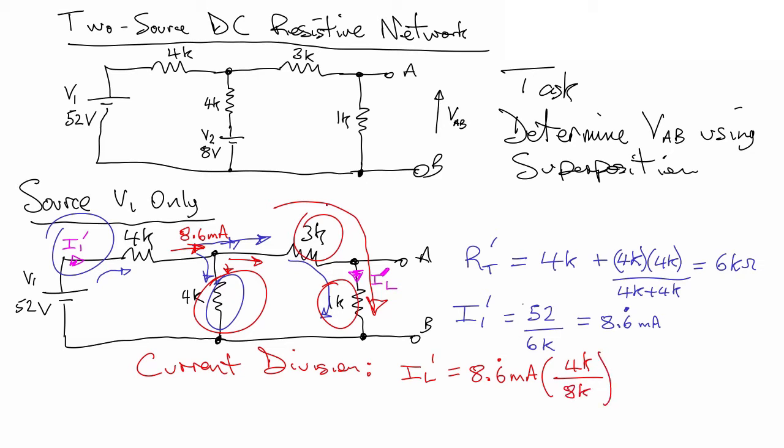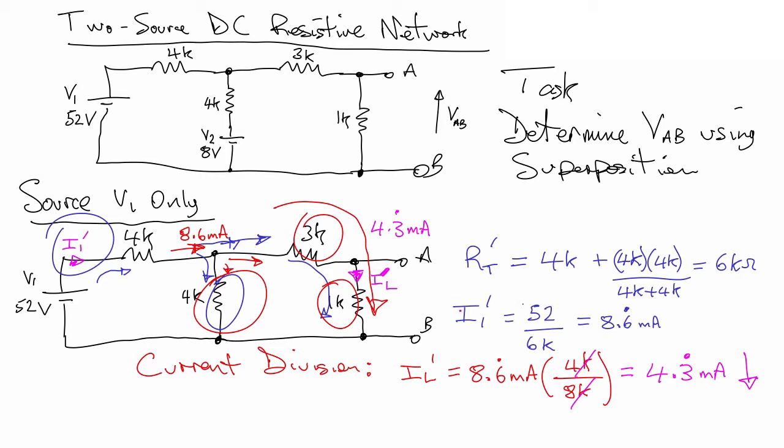Okay, so again, we're going to have some cancellation here. The K and the K will cancel. The 4 over the 8 gives you a half, and half of 8.6 recurring milliamps is going to give us 4.3 recurring milliamps, and it flows downwards. Okay, so yeah, 4.3 milliamps flows down through the 1K resistor.